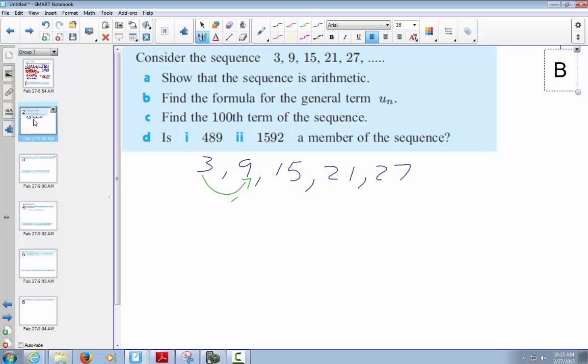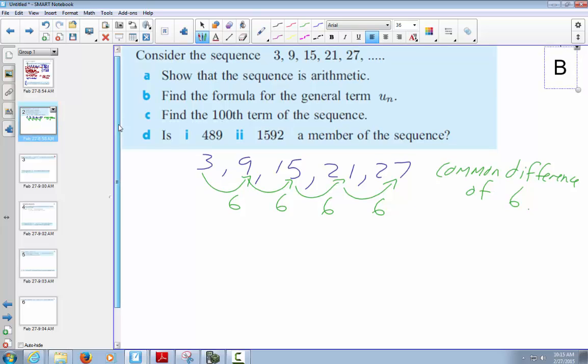3 to 9 is 6. 6. 6. 6. Common difference of 6. That tells me it's arithmetic. Formula for the general?